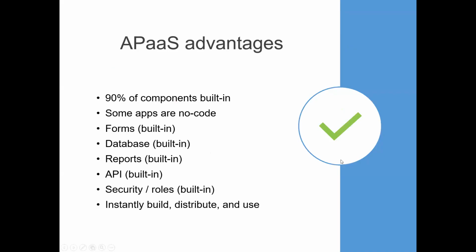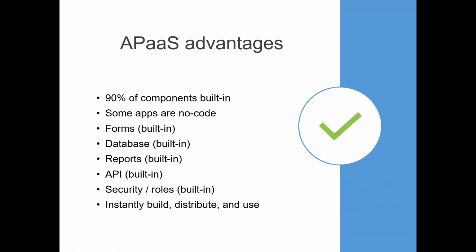Again, 90% of components are built in an application platform as a service. Many times, applications are completely no code. People can go in and build an application and write absolutely no code and have a 100% functional, really jam up application without having somebody go in and write any code at all.